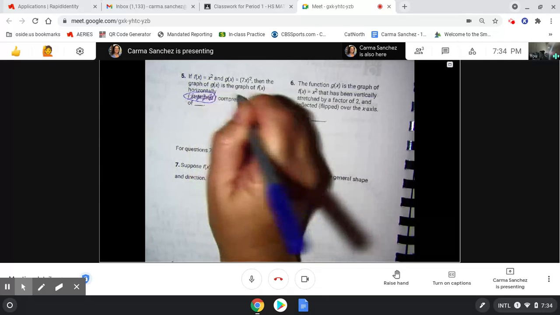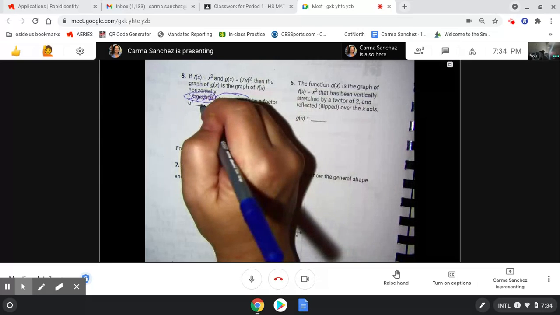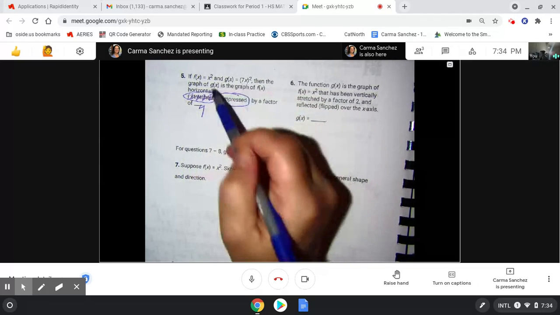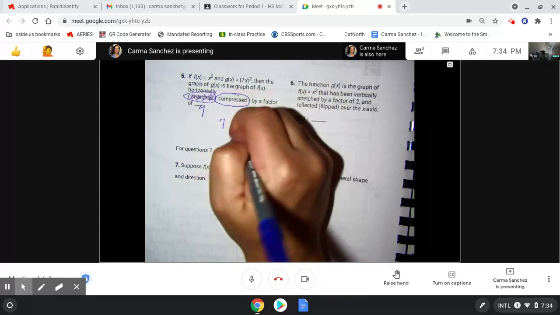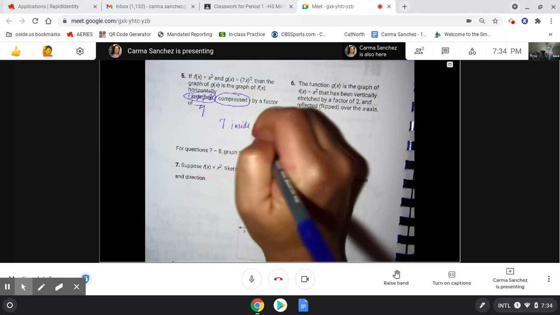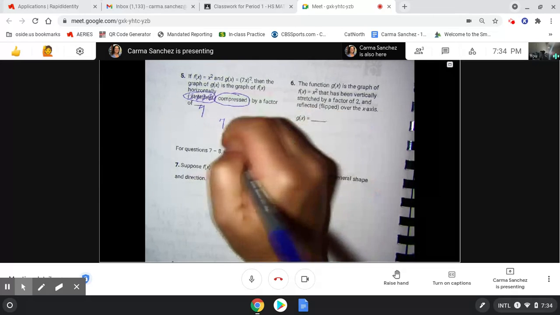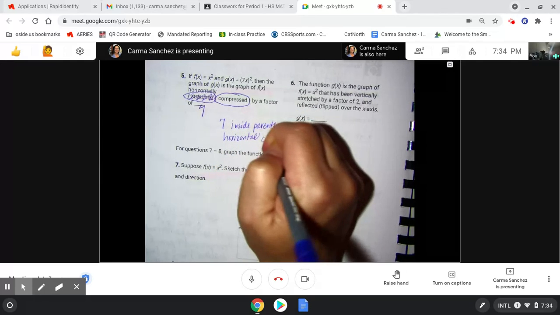It's been compressed by a factor of 7. Because it's inside the parentheses, it's a horizontal compression. So a 7 inside the parentheses is a horizontal compression.